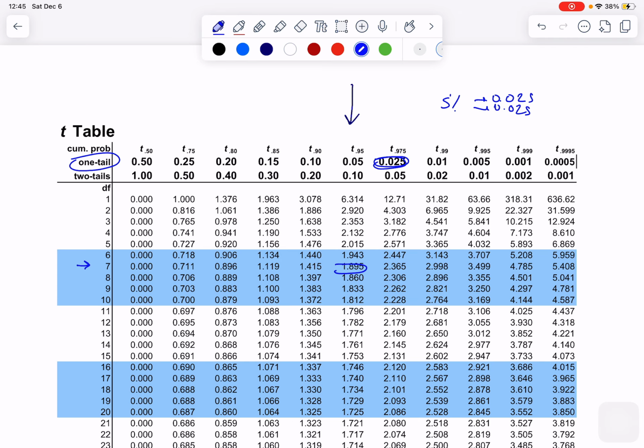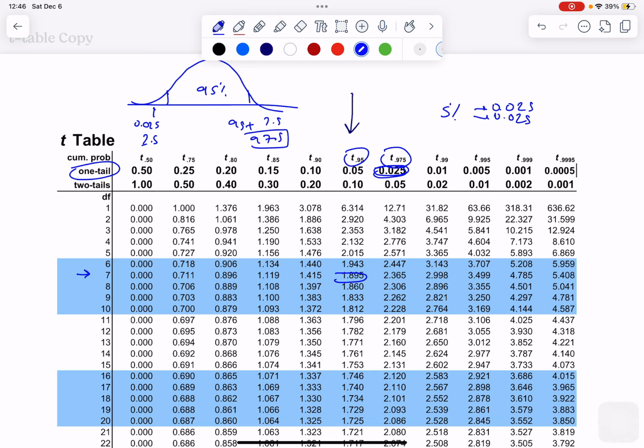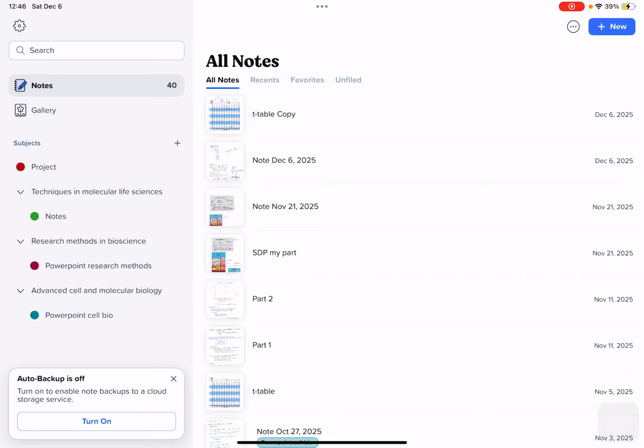So how do you distinguish between this and this? Okay. If this is only 0.025 and this is the whole, this is 2.5 and this is 95, so it's 95 plus 2.5, which would be 97.5, okay, which is the same thing. So the confidence interval is T at 97.5% or 0.975, and we want one tail which is 0.025, and the value is 2.365. It wasn't 67, but anyway.